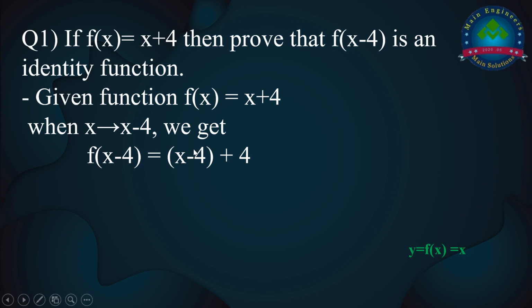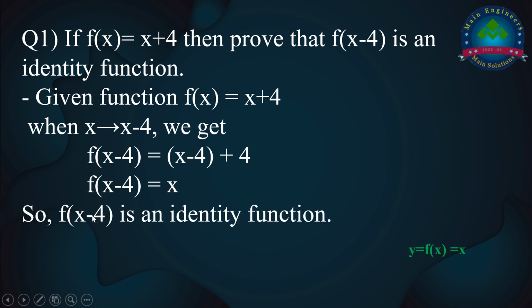We have to replace x with x − 4, so (x − 4) + 4. This 4 and this 4 cancel, and the remaining is only x. So f(x − 4) is an identity function because it satisfies y = f(x) = x.